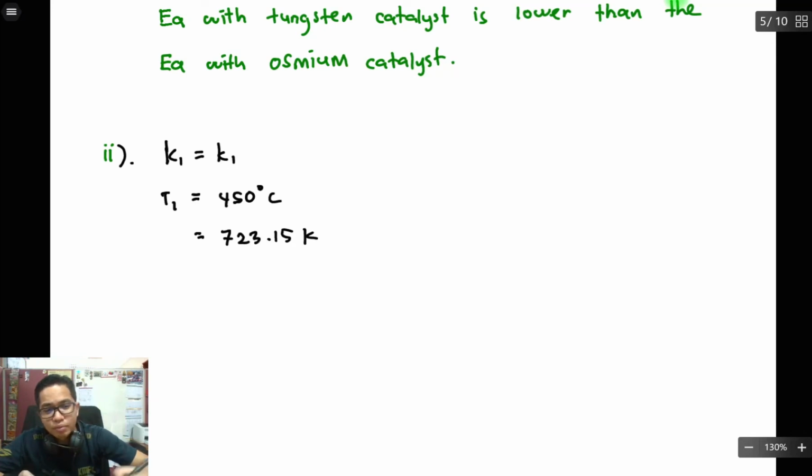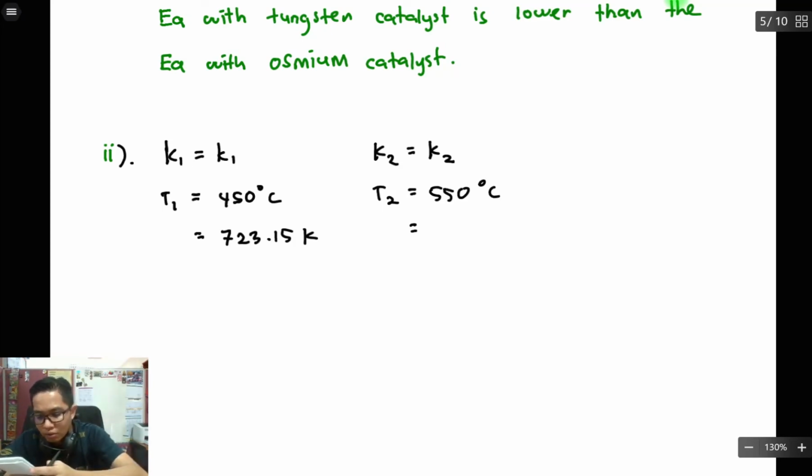723.15 Kelvin. Okay, K2 also we have no value, so leave it as K2. T2 will be 550 degrees Celsius. So in Kelvin, 550 plus 273.15, we get 823.15 Kelvin.